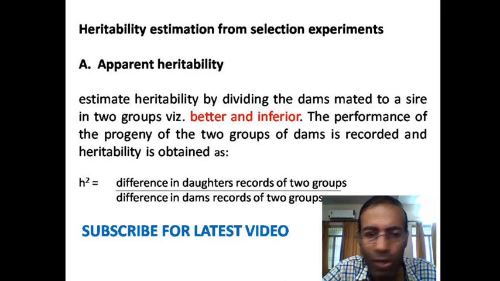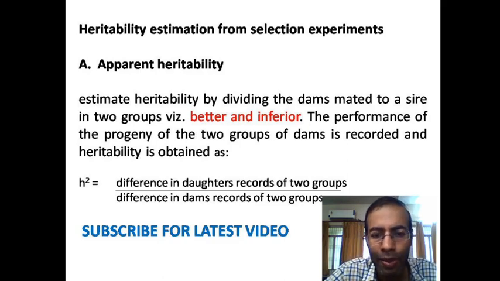The performance of the progeny of the two groups of dams is recorded and heritability is obtained by this formula. Heritability equals difference in daughters' record of two groups divided by difference in dam record of two groups.